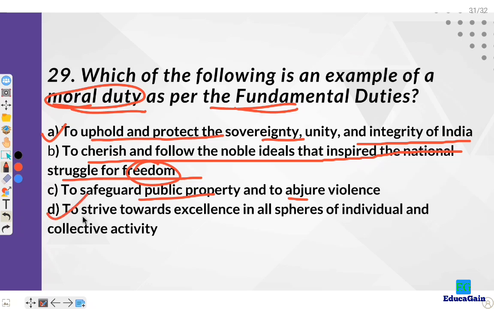D saying to strive towards excellence in all spheres of individual and collective activity. The correct answer is B, to cherish and follow the noble ideals that inspired the national struggle for freedom.